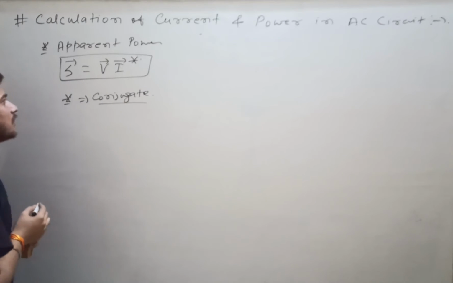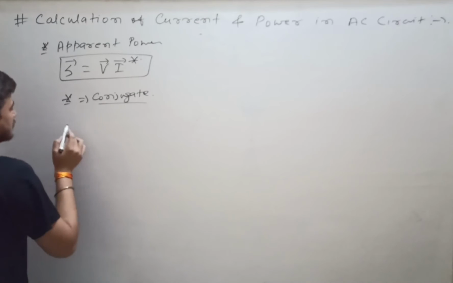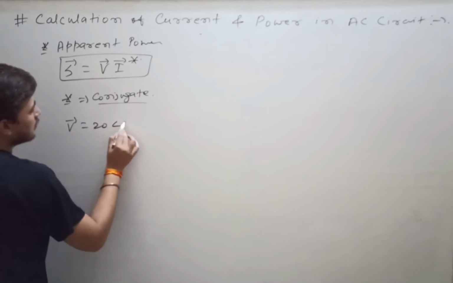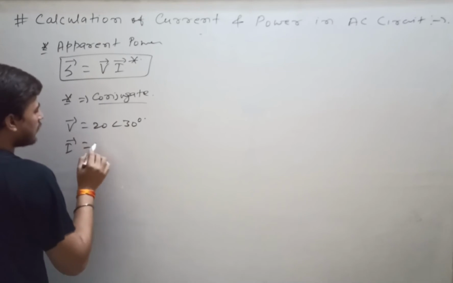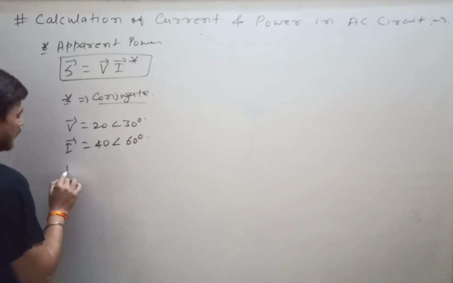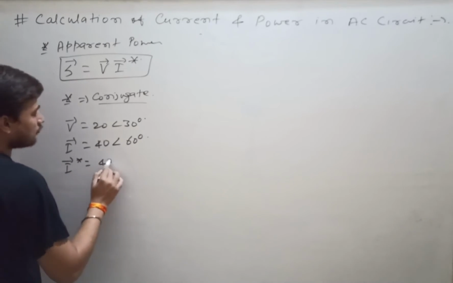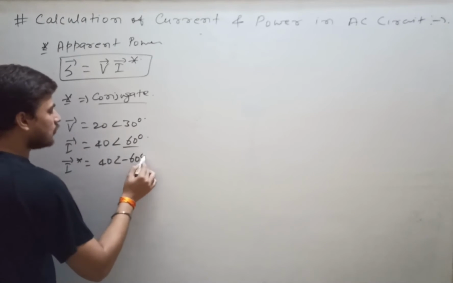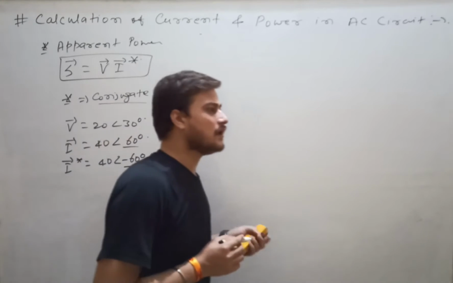Suppose somebody has given you V equal to 20 at the angle 30 degrees and I equal to 40 at the angle 60 degrees, then I star will be equal to how much? I star will be equal to 40 at the angle minus 60 degrees. Its angle will be reversed, magnitude will be the same.